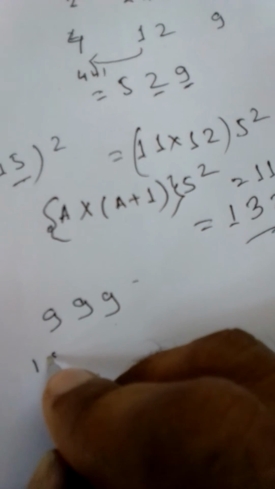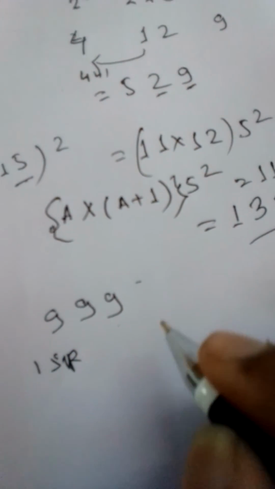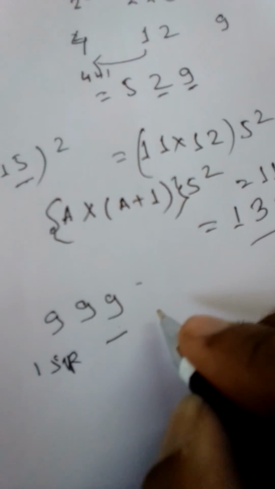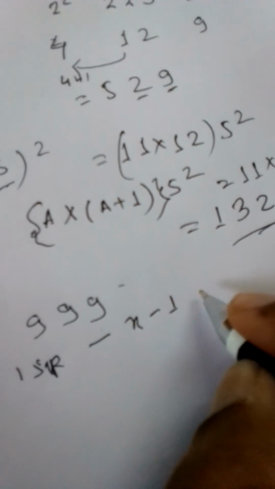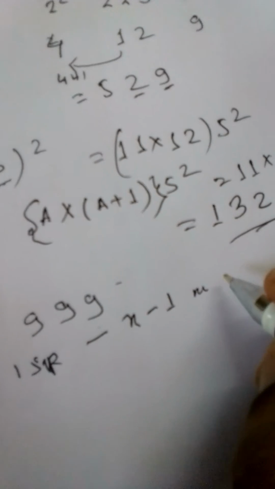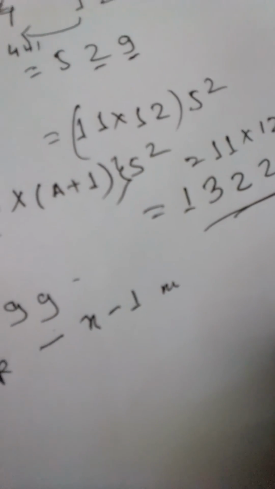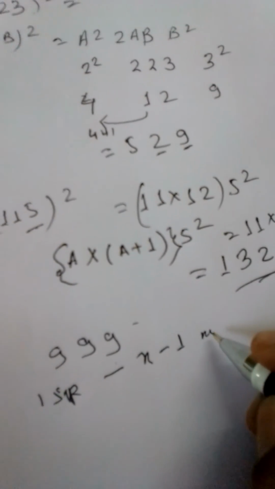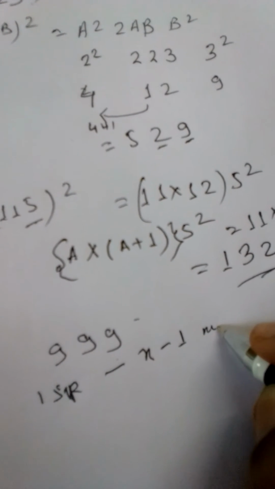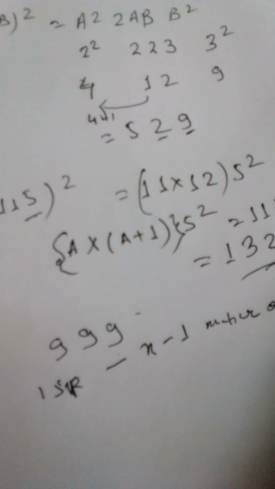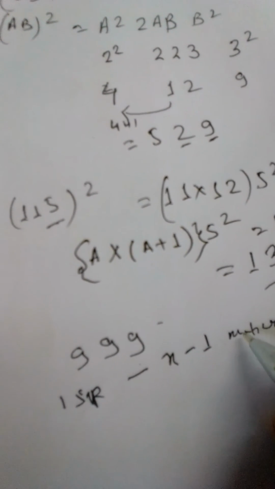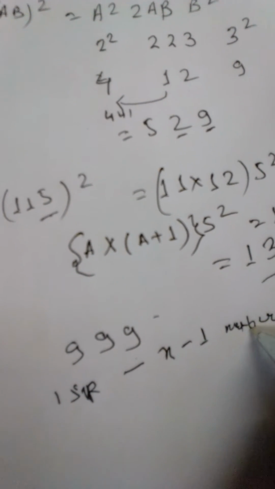Step 1: we'll write n minus 1 number of 9s. So in our answer there will be n minus 1 number of 9s.